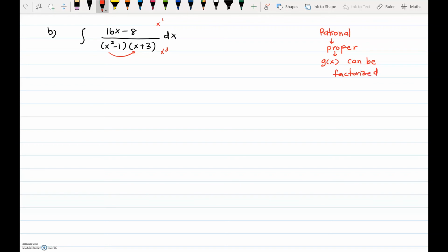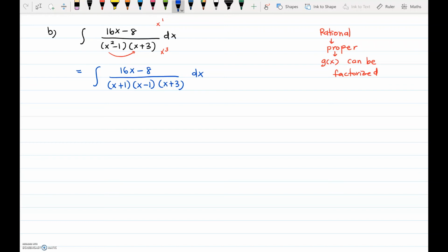Next, identify whether your factorization is complete or not. When you simplify, it will be the integration of 16x minus 8 over (x plus 1)(x minus 1)(x plus 3) dx. Make sure your denominator is factorized completely.